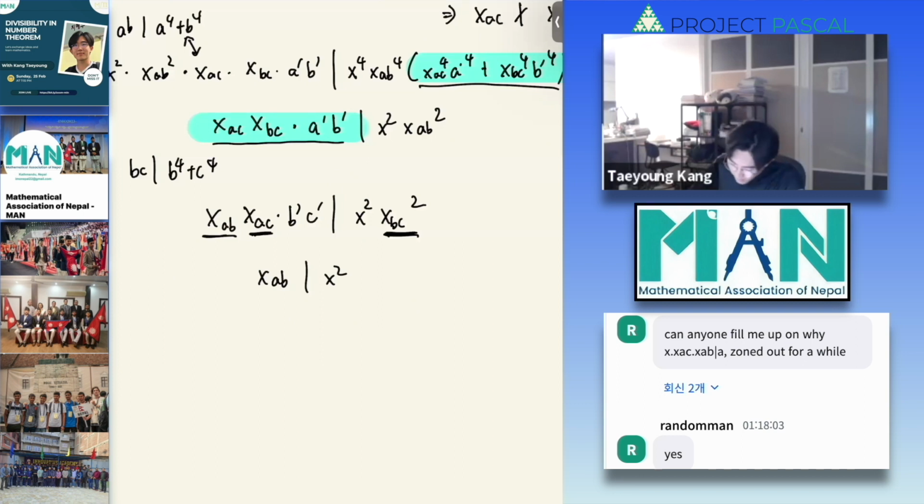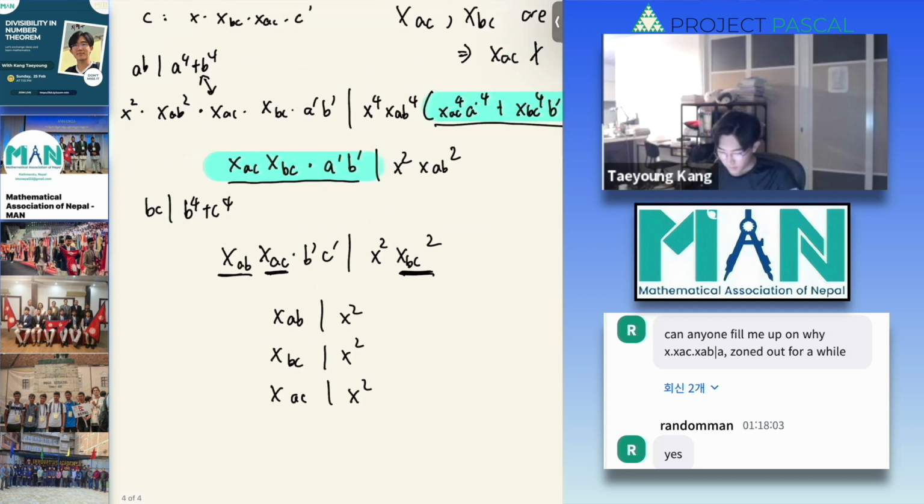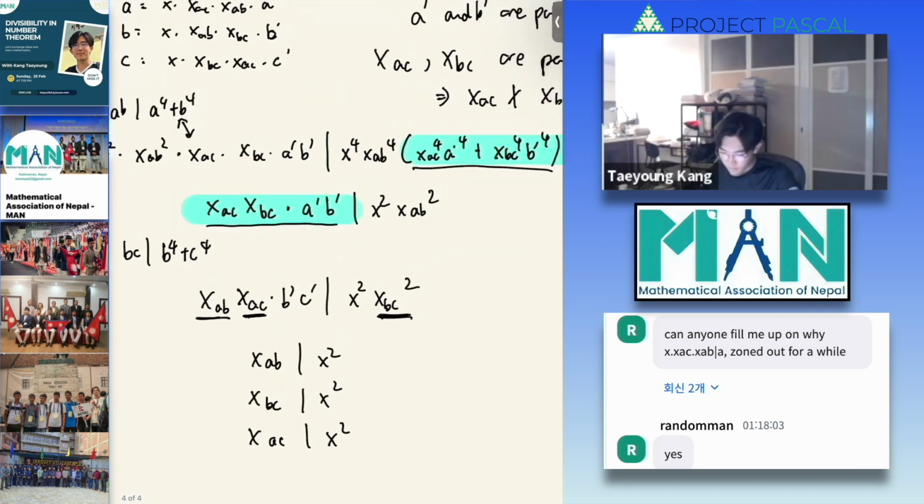And similarly, X BC divides X squared and X AC divides X squared. Do you guys get the reasoning? It's from comparing these two.